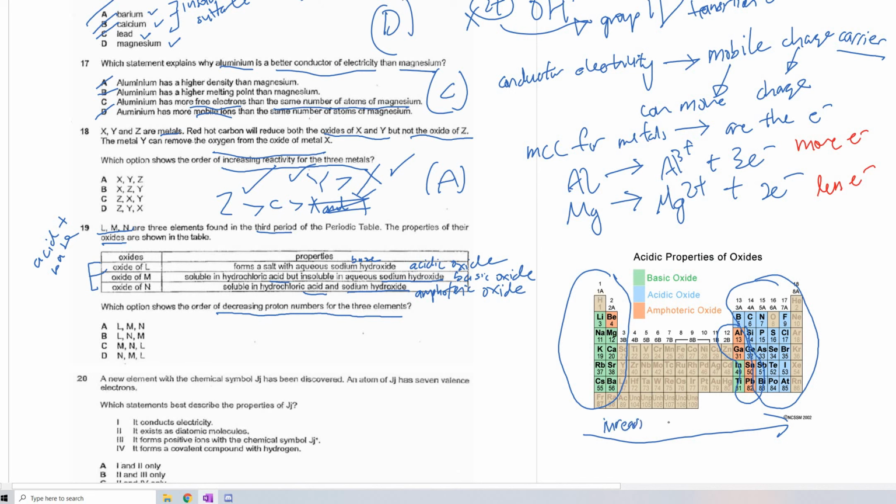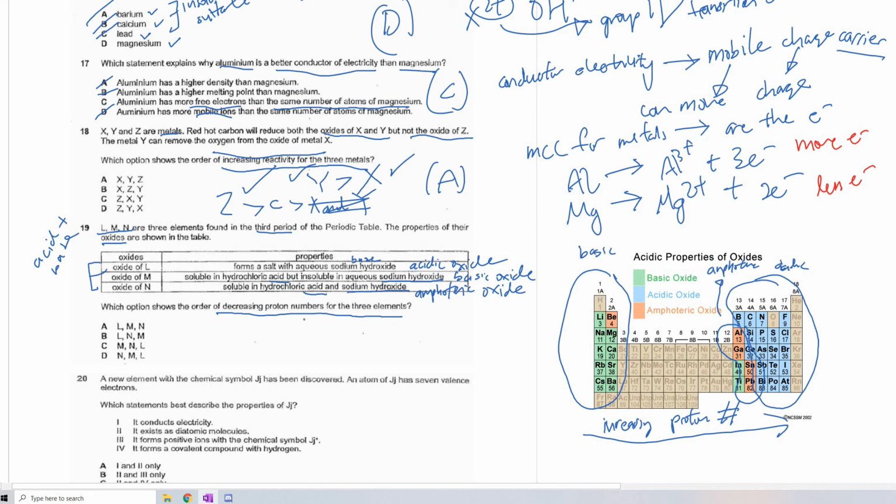Increasing proton number. So the acidic oxide will have the highest proton number, followed by amphoteric, and lastly basic oxide will have the least proton number.